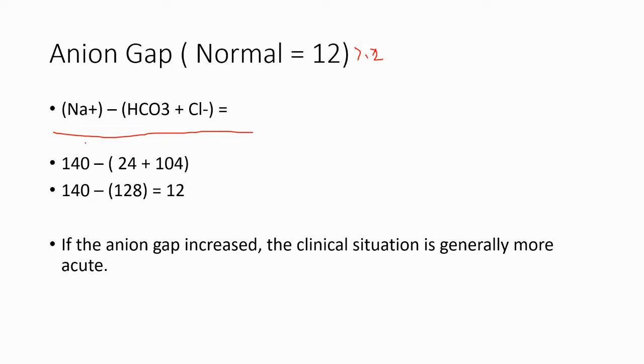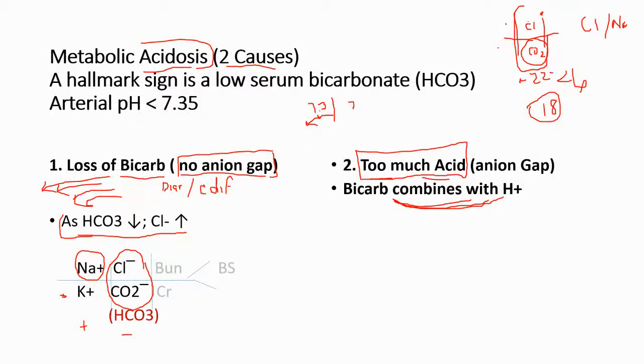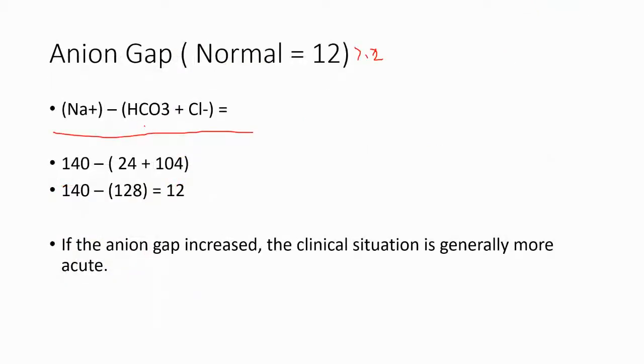We take the sodium, a normal sodium is 140, and then we take the bicarb and the chloride. Bicarb normal is 24. Normal chloride is 104. We subtract these anions from the total cations. Again, we're not getting every one of them, because we don't draw out all the blood. This is the calculation that we use.